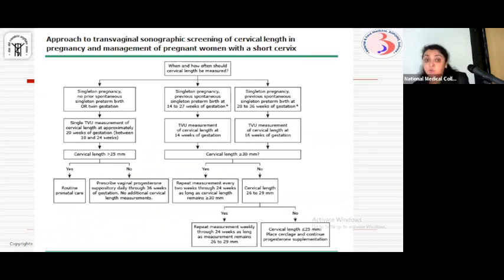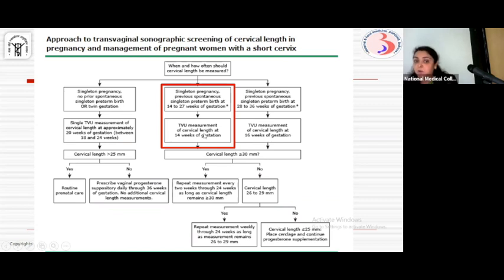But a patient who had a previous pregnancy which ended in a preterm birth somewhere between 14 to 27 weeks of gestation should have a transvaginal ultrasound measurement of cervical length at 14 weeks gestation. So these are the patients who, when they come to us in the first trimester, should have a transvaginal ultrasound done to measure the cervical length. And depending on the length, further measurement should be done.